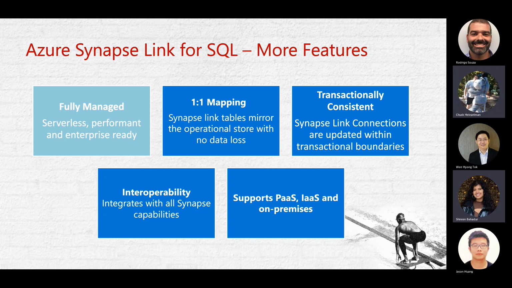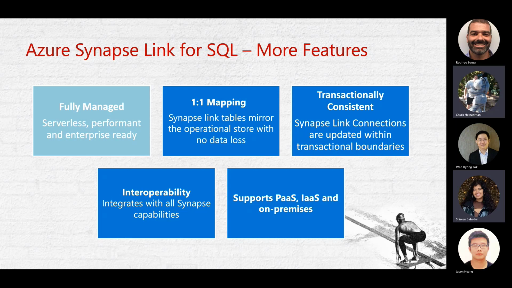Interoperability. The data is landing in a Synapse dedicated SQL pool. Anything you can do with that dedicated SQL pool, once the data is there, you can use that. So if you want to hook it up to a visualization system, or do some ETL processing after we get the data out, you can do that. You can connect to it using the Spark SQL connector from either Synapse Analytics Spark pools, Databricks, or your own Spark environment.